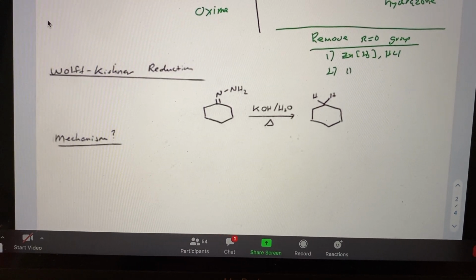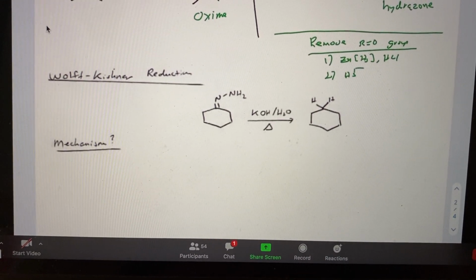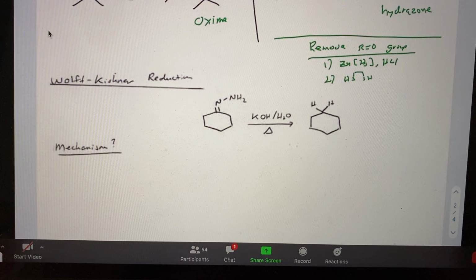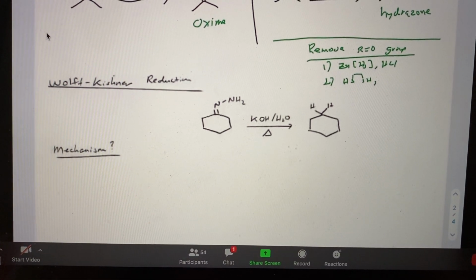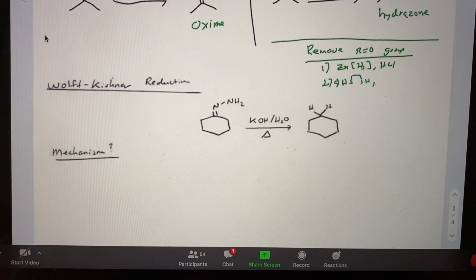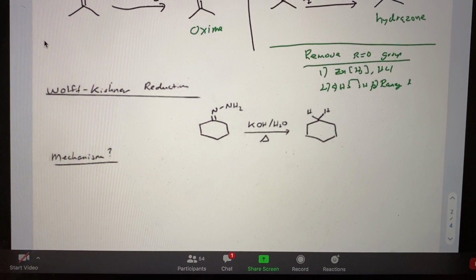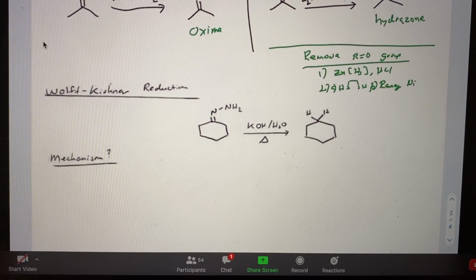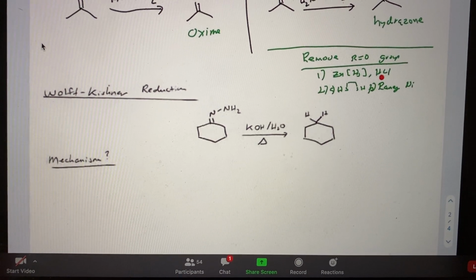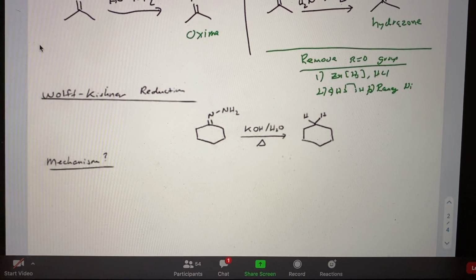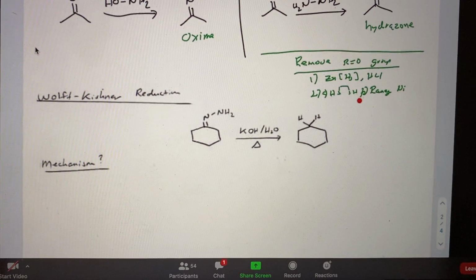We had the thiol version of this here, thioacetal, followed by, so that's A. B was Raney nickel. And so what you notice here is we have acidic reaction conditions. This is neutral with this thioacetal.